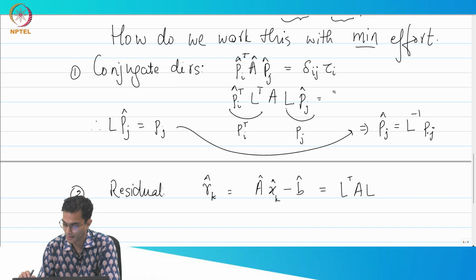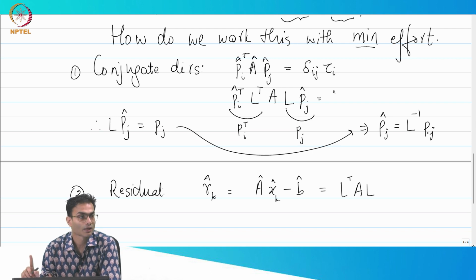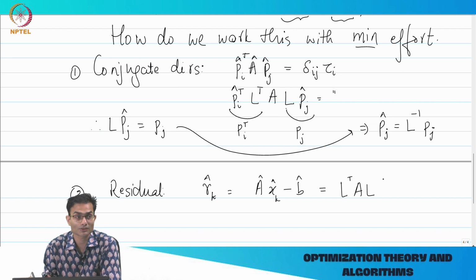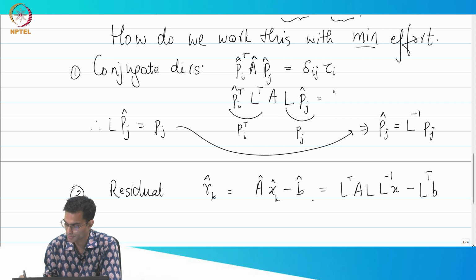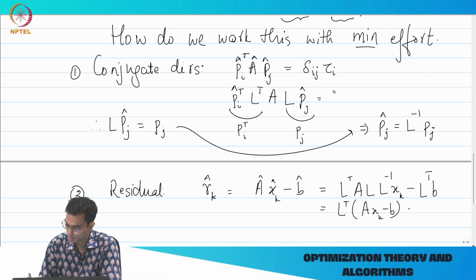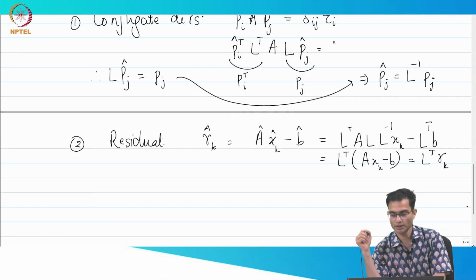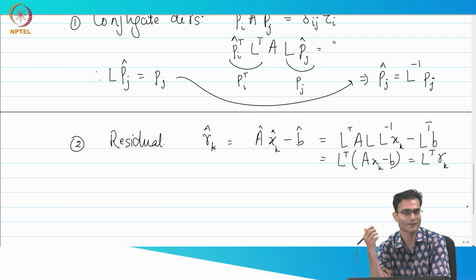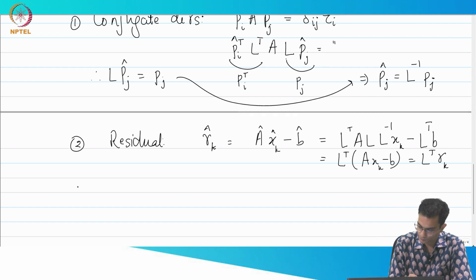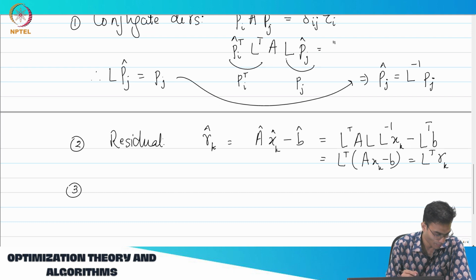Look back at your notes. X hat was L inverse x, and B hat was L transpose B. So if I take L transpose common, what do I have? Ax minus B, L transpose Rk. Okay. So the new residual is given in terms of the old residual, and there is a factor L over there.